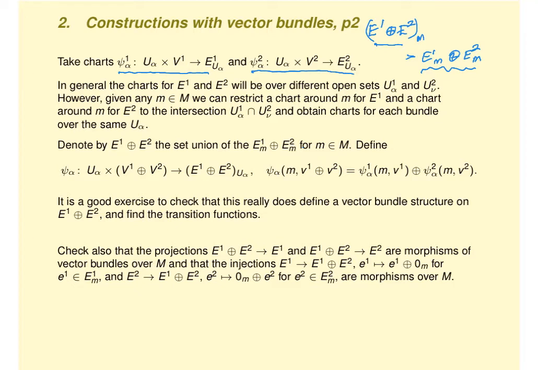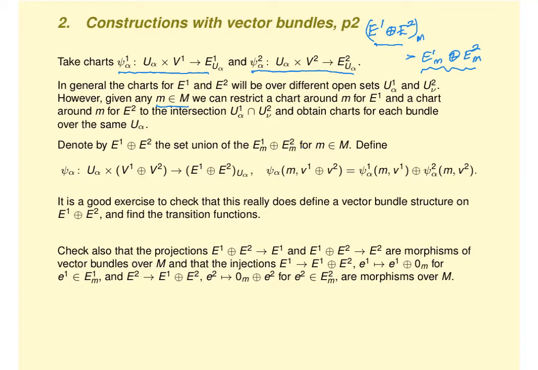But I can easily assume that it's the same, because I can take any point of the base manifold, and around that I can find a U alpha 1, say, for the vector bundle E1, and a U alpha 2, or perhaps some other subscript U beta 2, for the second vector bundle, and then I can restrict both to the intersection. And in that way, I get a system of vector bundle charts for E1 and E2 using the same open sets U alpha of M. So that's a simplification to start with.